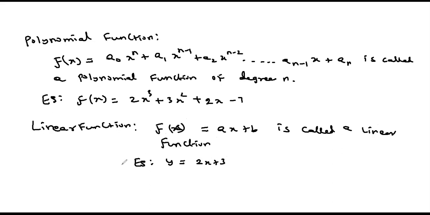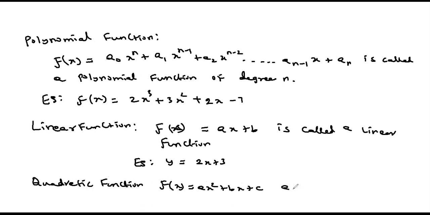Okay, next is the quadratic function. The quadratic function concept, you would have studied in algebra in 10th standard. f of x is equal to ax square plus bx plus c is a quadratic function with a not equal to 0.